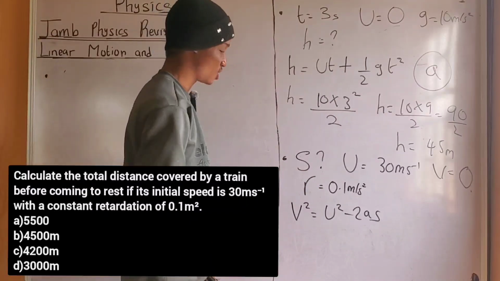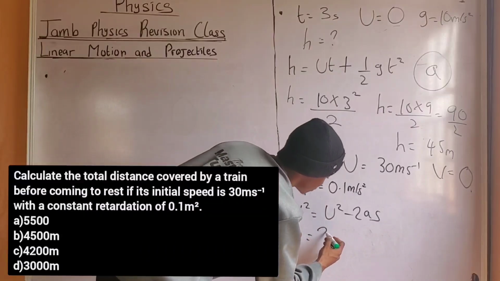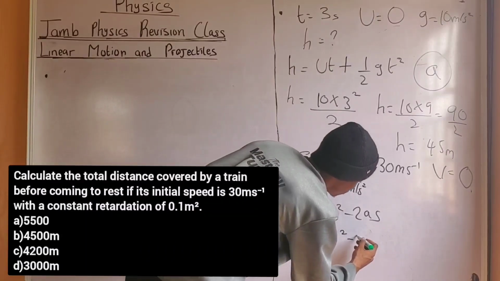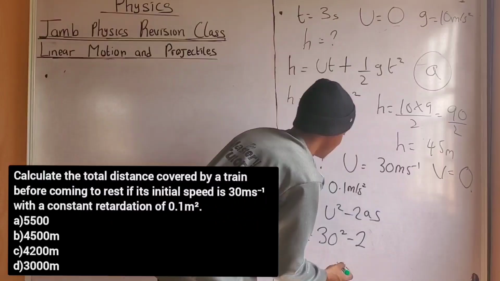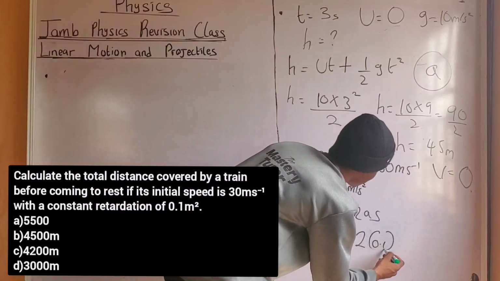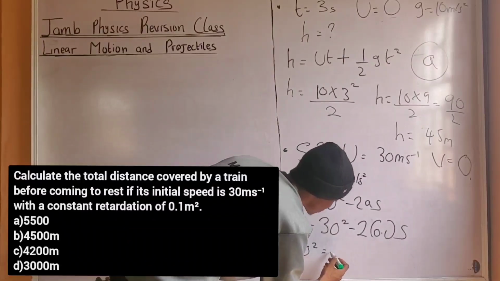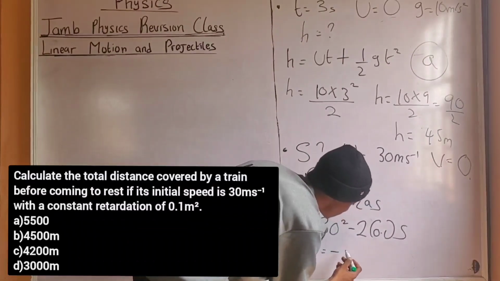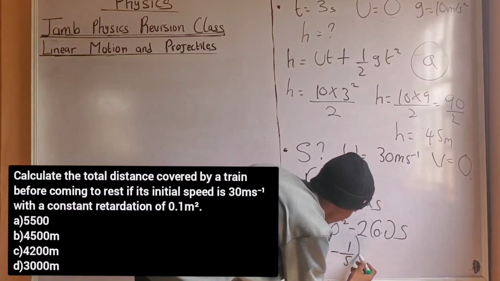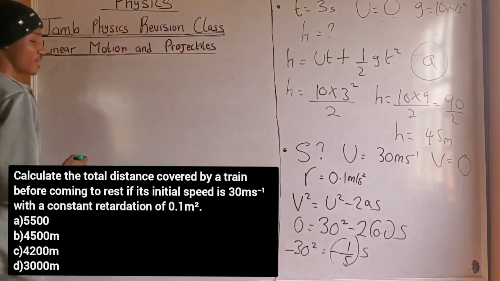So substitute the values. 0 equals u squared, that is 30 squared, minus 2 multiplied by a, a is 0.1, multiplied by s. I'm going to have negative 30 squared equals negative 1 over 5 multiplied by the distance which we are looking for. So divide both by negative 1 over 5.